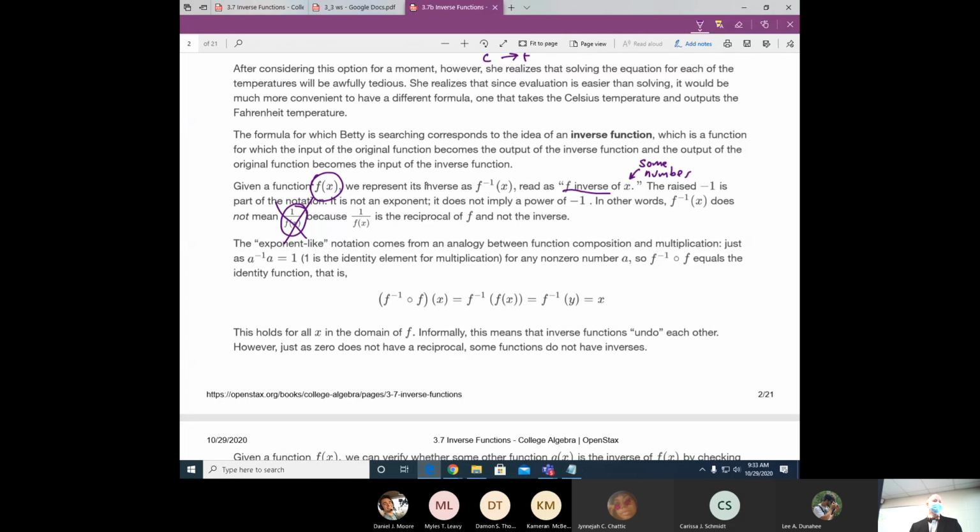Even though you see the -1 there, that does not mean reciprocal. The reciprocal would be f of x to the negative 1 power. That would be the reciprocal of f. f inverse of x is not the same thing. So f(x) to the negative 1 is a reciprocal. f inverse of x, don't be confused thinking that might be reciprocal.